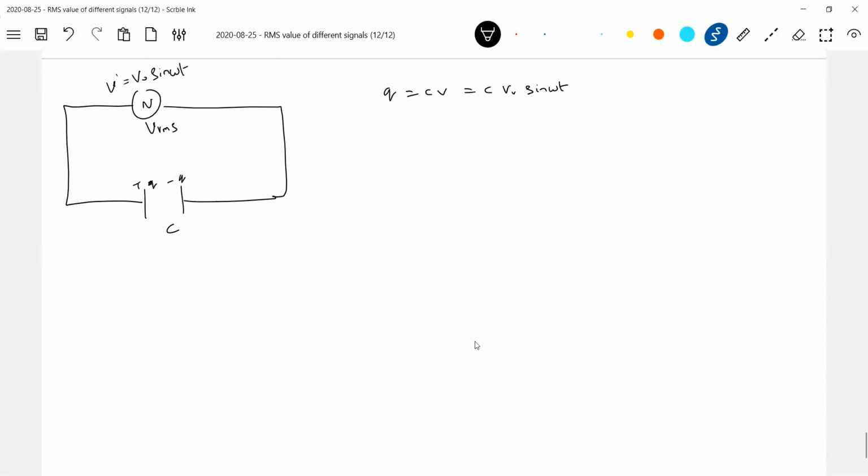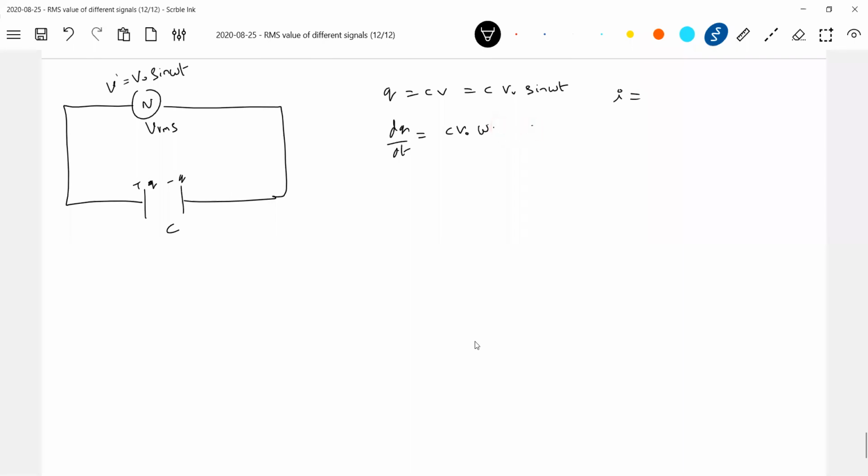I'll differentiate this. dq by dt is C V naught omega cos omega t. dq by dt is what? I'm going to write it as I. I is equal to V naught omega C cos omega t.